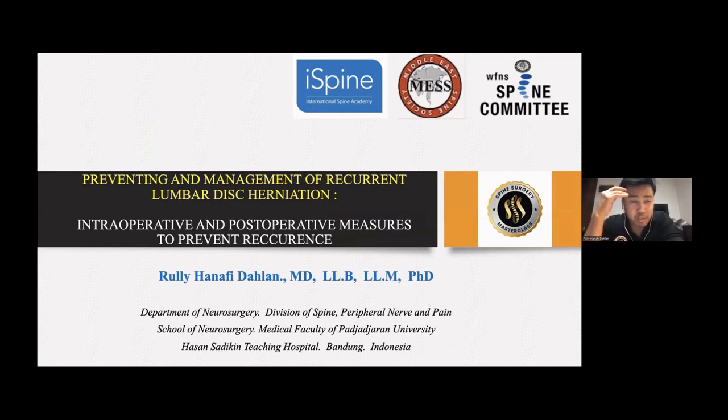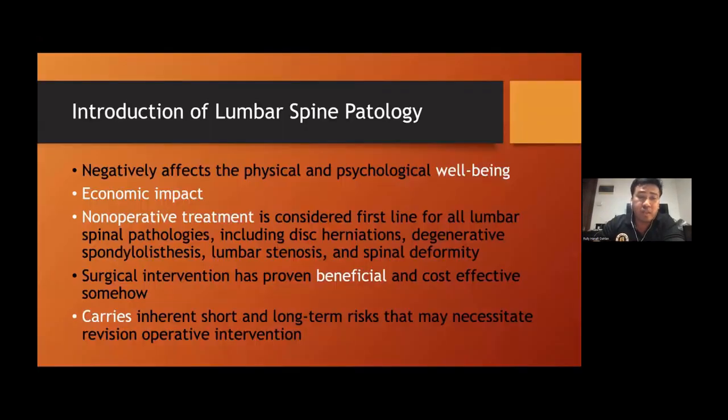My topic is about intraoperative and postoperative measures to prevent recurrence. We know that lumbar spine pathology has a negative physical and physiological effect, and it completely disturbs our well-being and also has an economic impact. Non-operative treatment is considered first line, and at some point it is beneficial and cost effective.